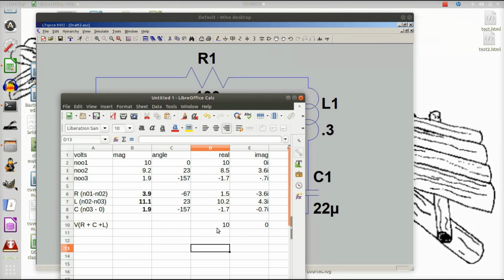It's exactly the applied voltage in the circuit.